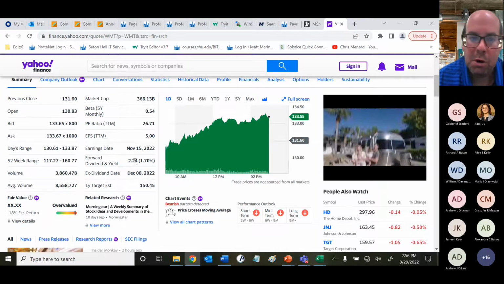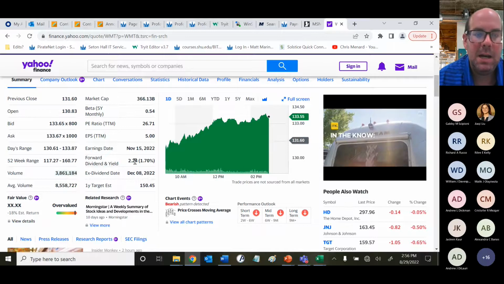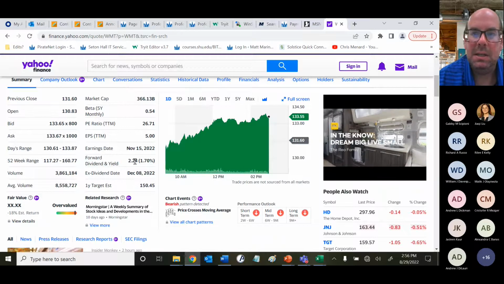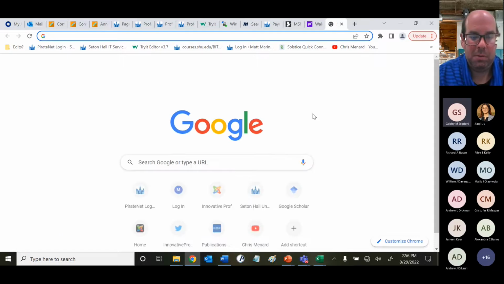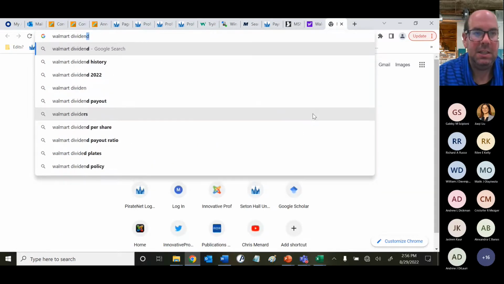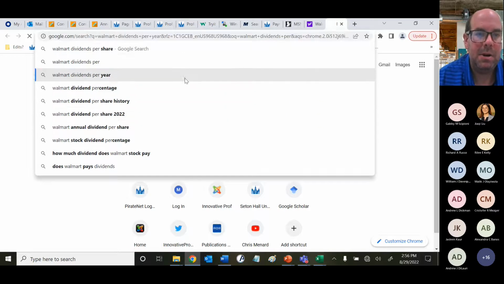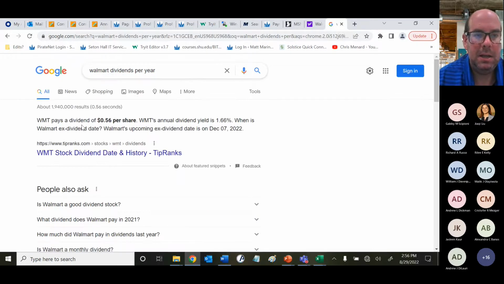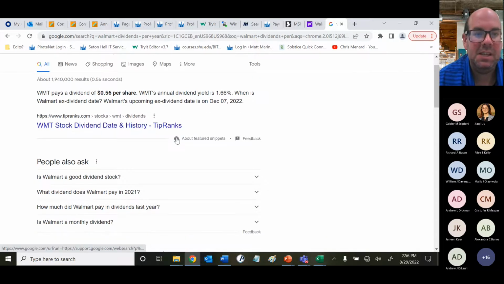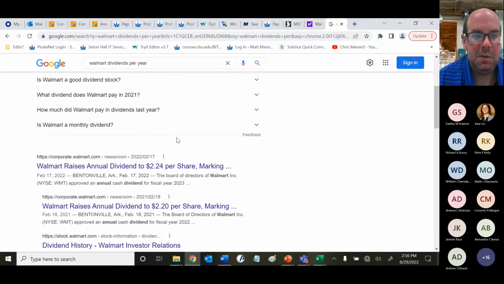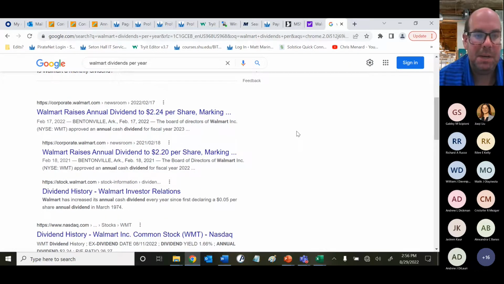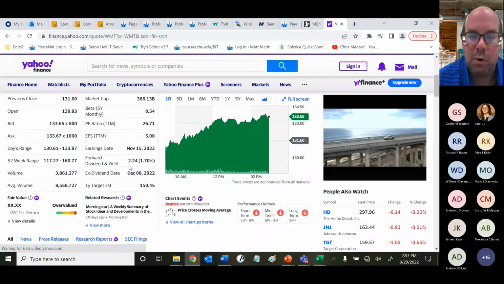So they may have 4 a year, they may do 2 a year, and you'd have to look up, like, Walmart dividends per year. And so last time they may have paid 56 cents. So in your example, you may multiply that by the number of shares and just leave it like that, and that's fine.